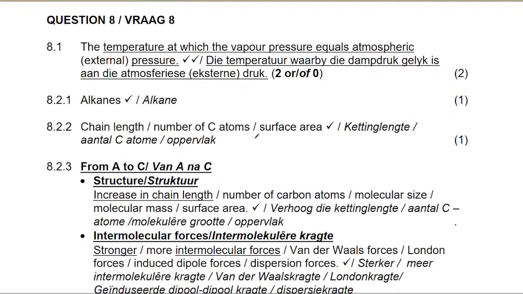They are all alkanes, so we'll be interested in the chain length or something like that. 8.2.1, write down the homologous series to which these compounds belong. A up to C are alkanes. And then 8.2.2, write down the independent variable of this investigation. It will be either the number of carbons, the surface area, or the chain length. It will be 1 mark for that.